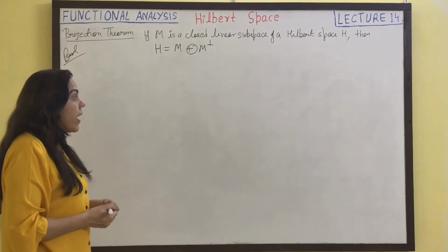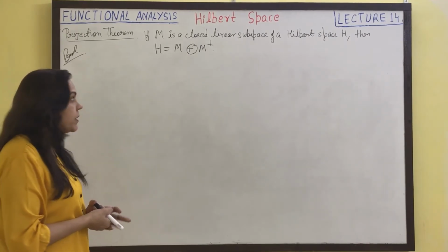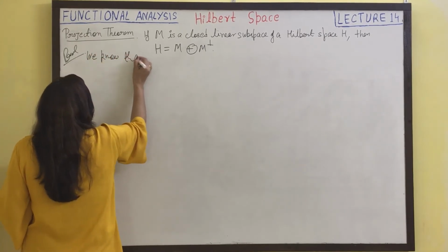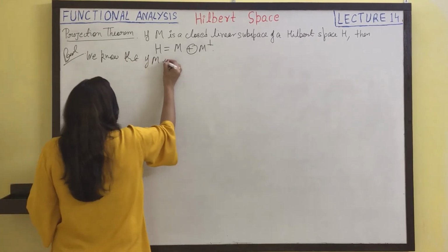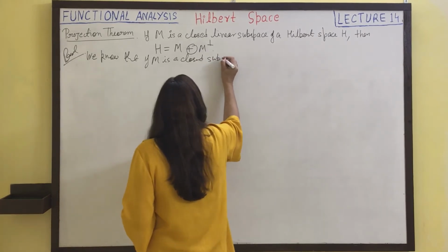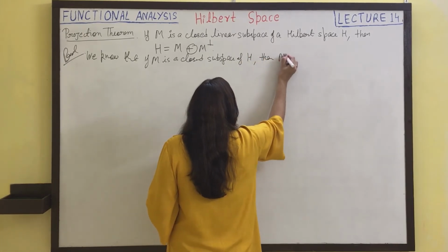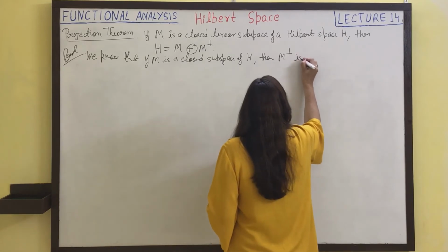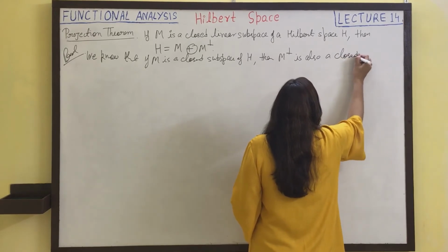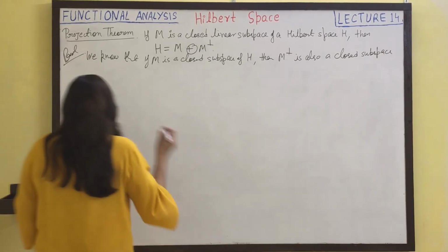We know that if M is a closed subspace of H, then M perp is also a closed subspace of H. We have already proved it.